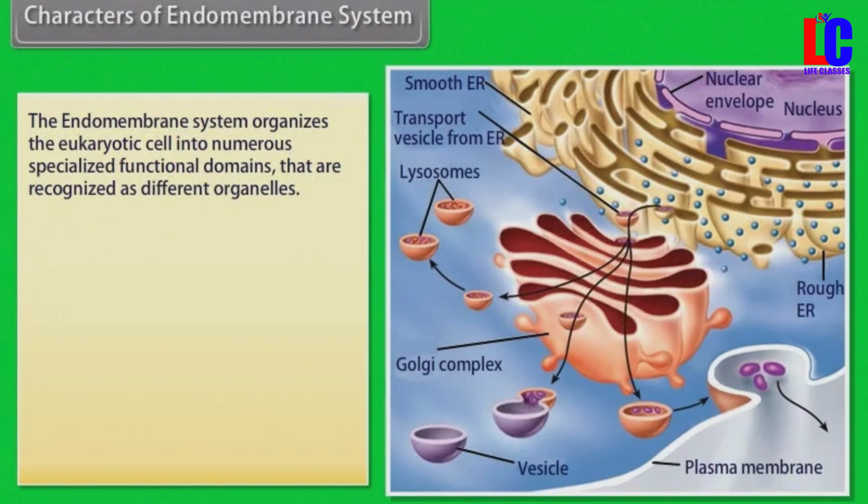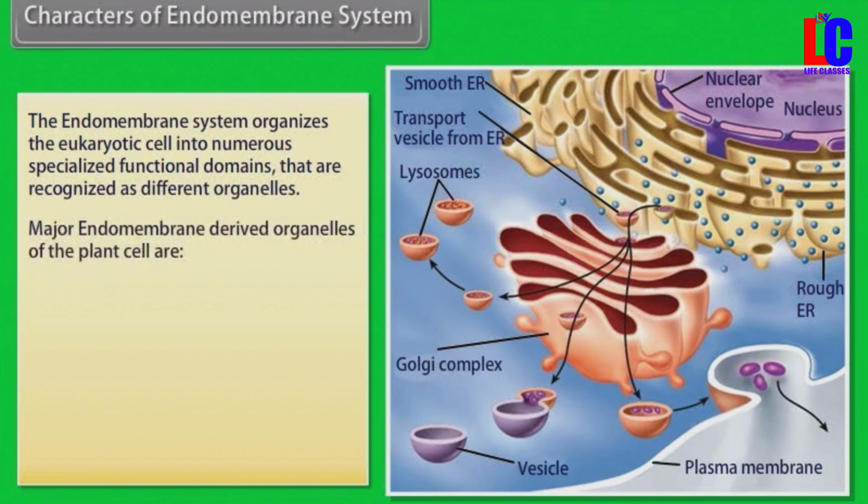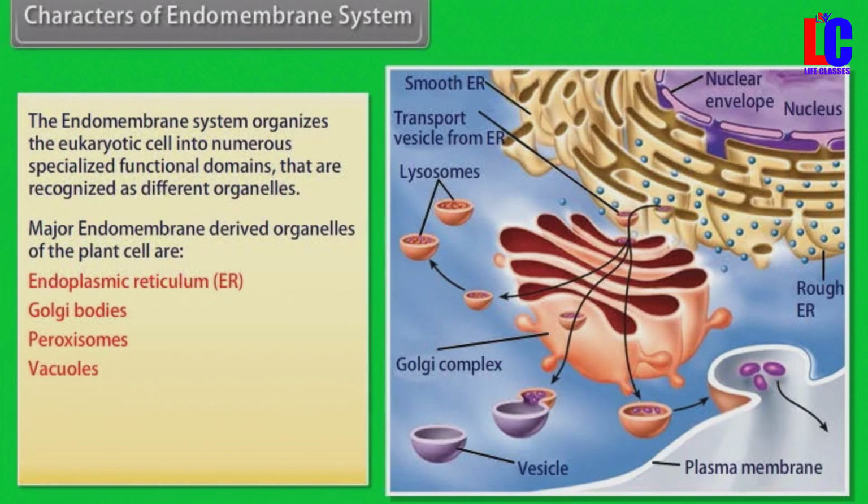The endomembrane system organizes the eukaryotic cell into numerous specialized functional domains that are recognized as different organelles. Major endomembrane-derived organelles of the plant cell are endoplasmic reticulum, Golgi bodies, peroxisomes, vacuoles, endosomes, autophagosomes, and outer nuclear envelope.